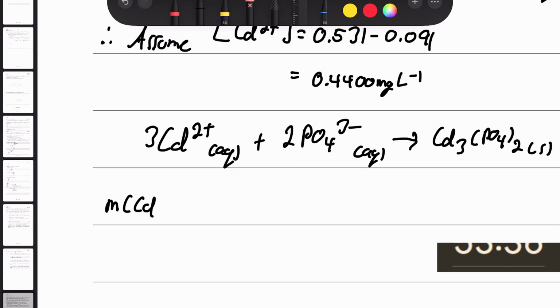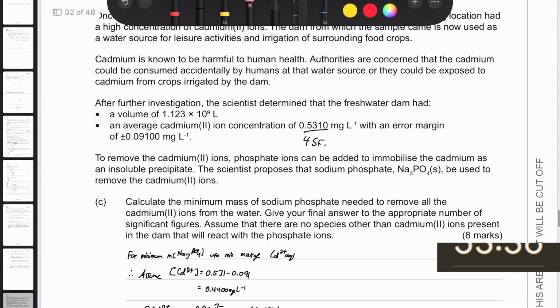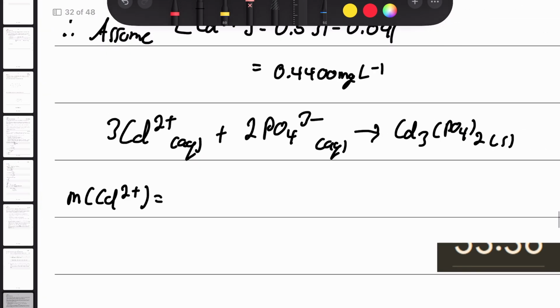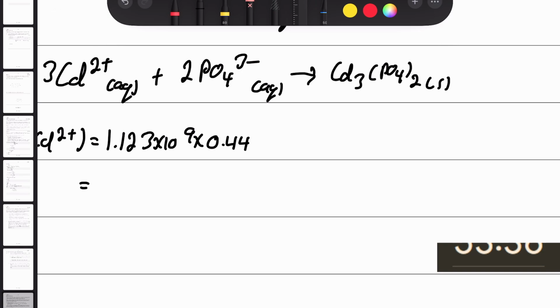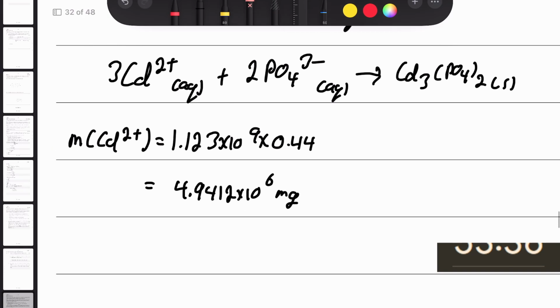The mass of Cd2+ is going to be equal to 1.123 times 10 to the 9 times 0.44, which is 4.9412 times 10 to the power of 6 milligrams.